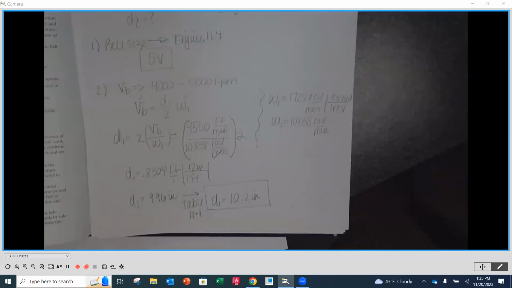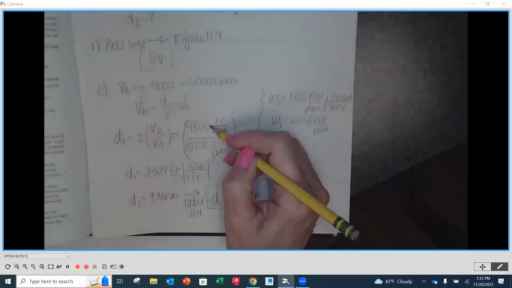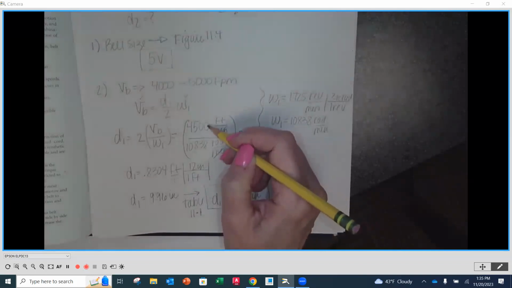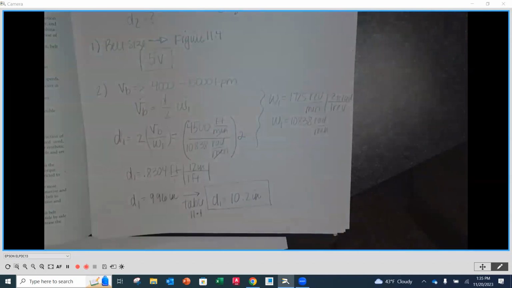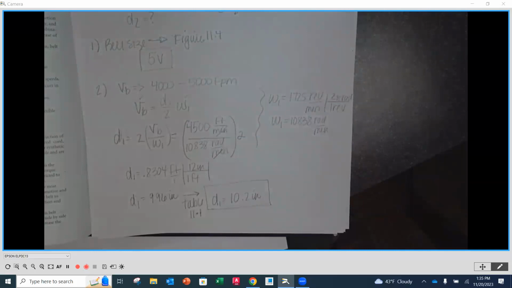I don't know. Which one do you think? If I want this number right here to get smaller, do I want my top number to be bigger or smaller? It's going to be divided by the same thing. Okay, so do that. Go ahead and do that. I wouldn't even write it out just yet.